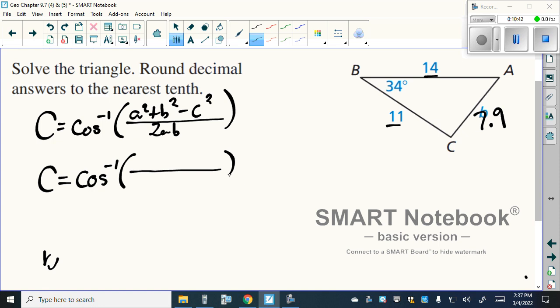This is where a and b's values make a difference, because we need to have them in the correct order. A in this case is 11. So we're saying 11 squared plus b, which is 7.9, squared minus c squared over 2 times 11 times 7.9.